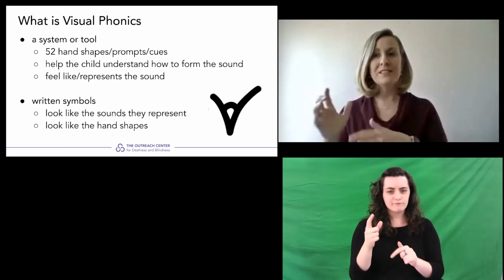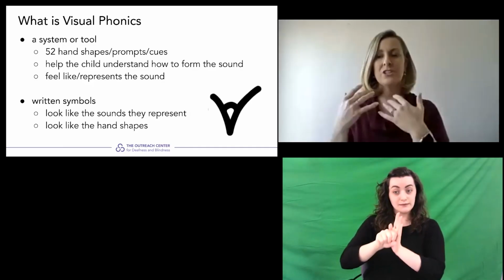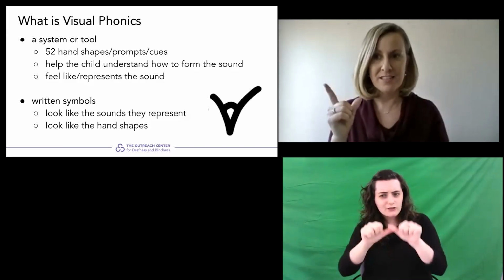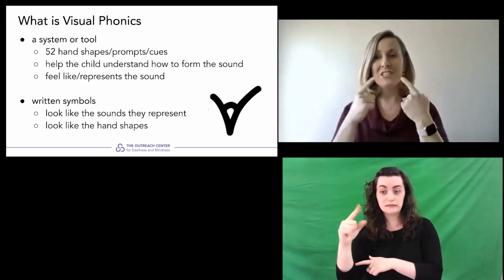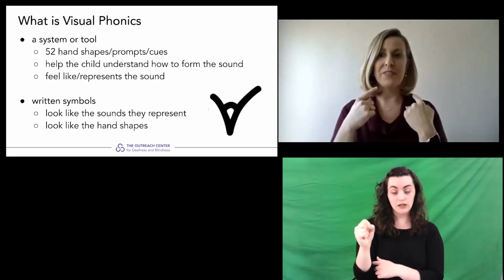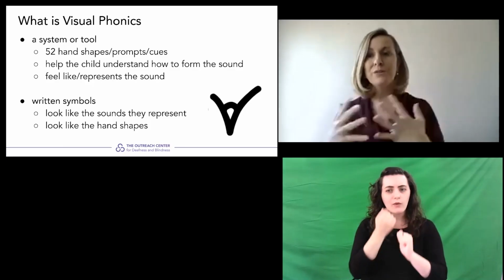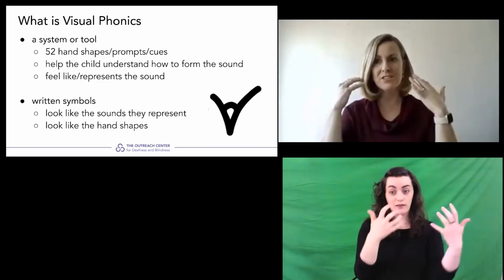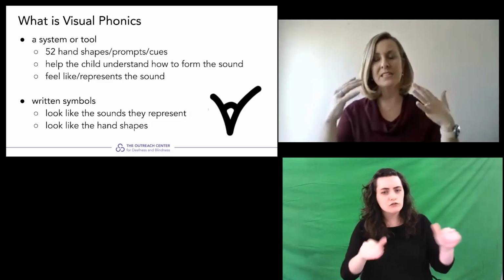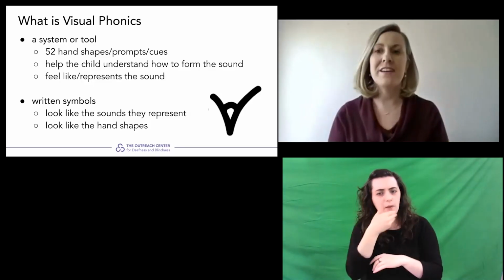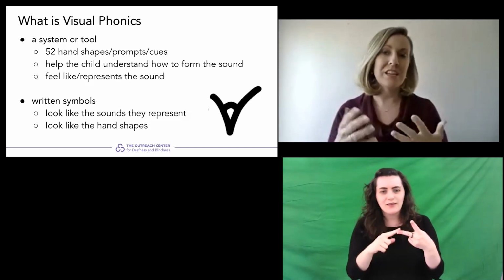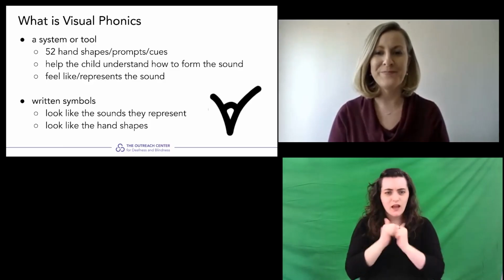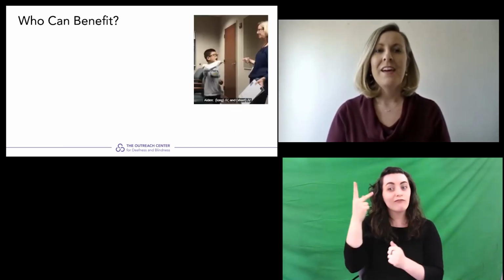So this written symbol is designed to help the child think about the hand shape that they created for that. And as you remember, that hand shape is designed to help the child think about the articulators. So those all are designed to work together to help the child better internalize that sound, the placement, and location of it, which can help with articulation or some of those phonological skills.